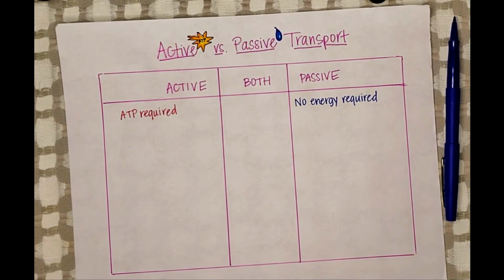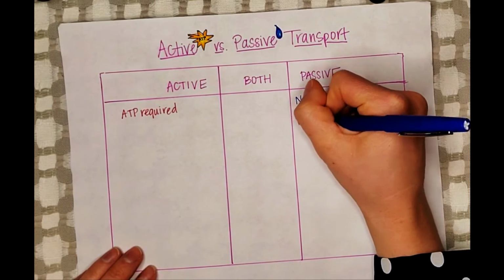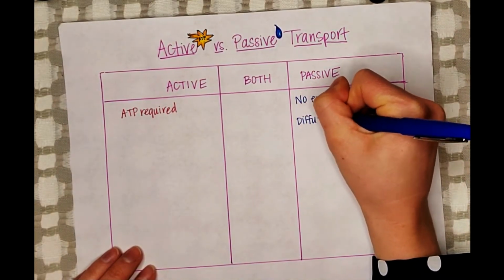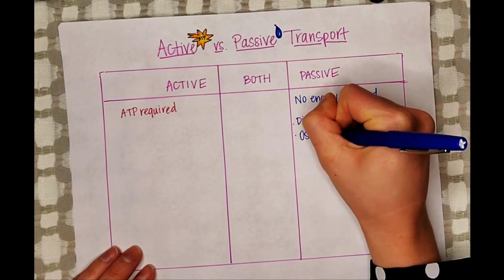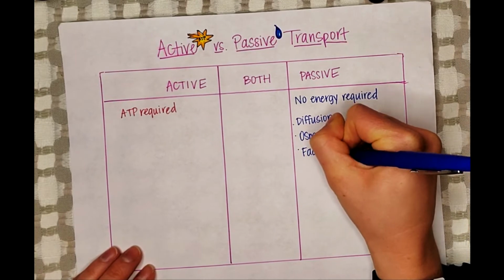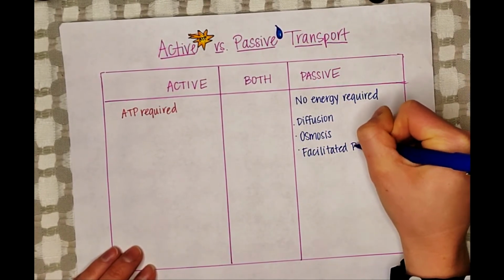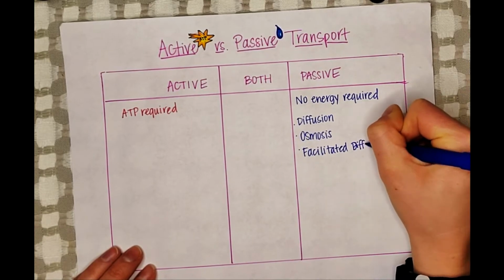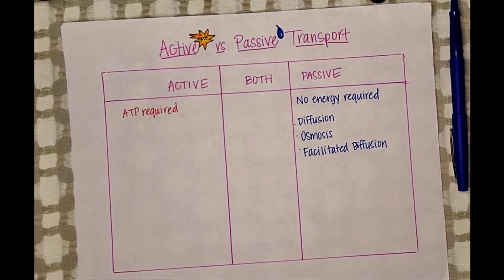Now we have a couple of processes under each. There's a couple of different types. For passive, we have diffusion, osmosis, and facilitated diffusion. Now, they're all no energy required.